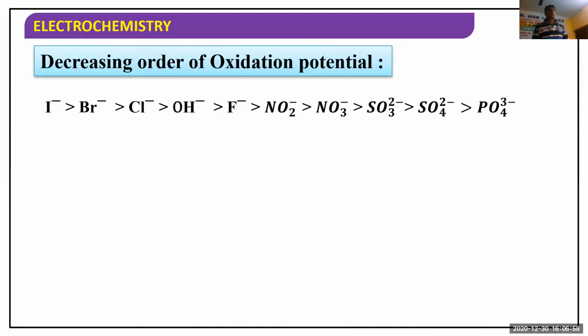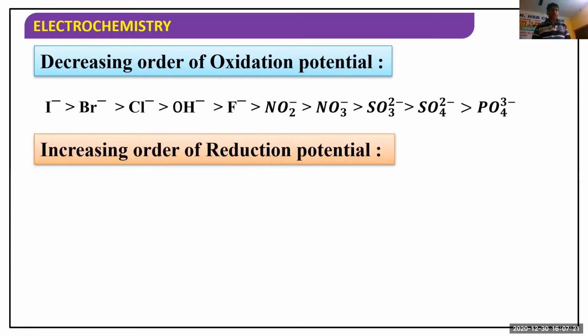Increasing order of reduction potential: you know that in the chemical activity series, gold, platinum, and some noble metals are on the lower side of the activity series, so they have higher reduction potential.